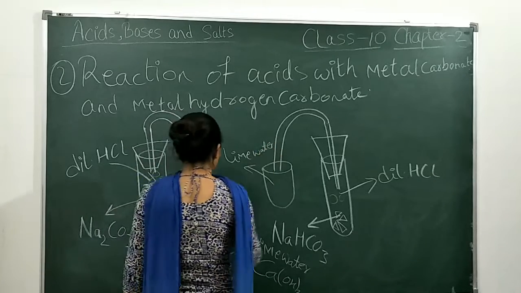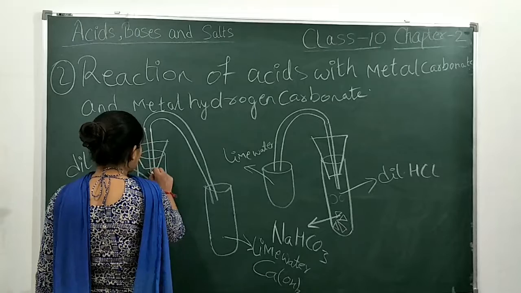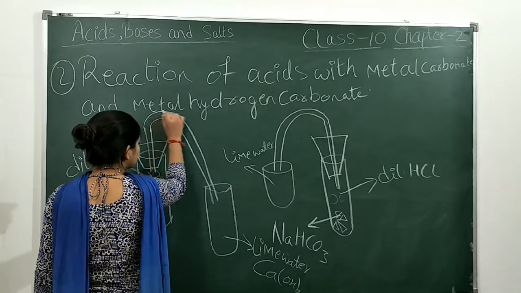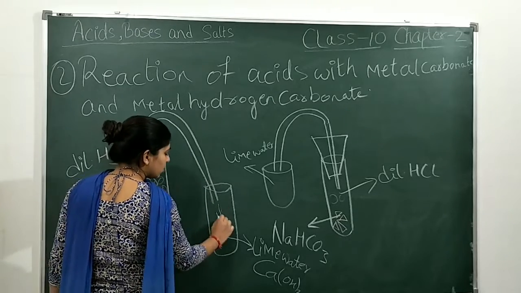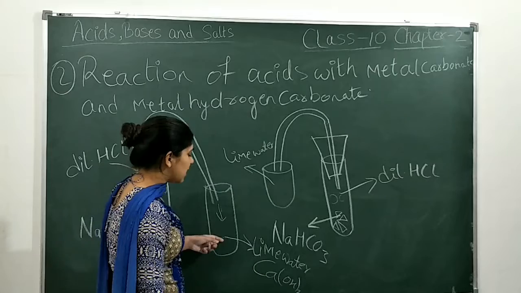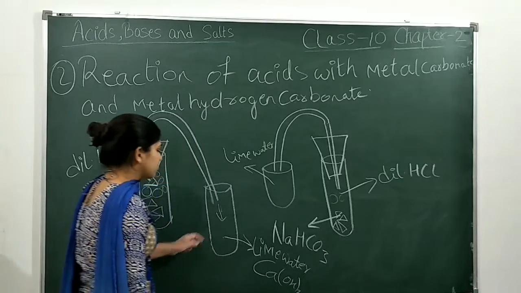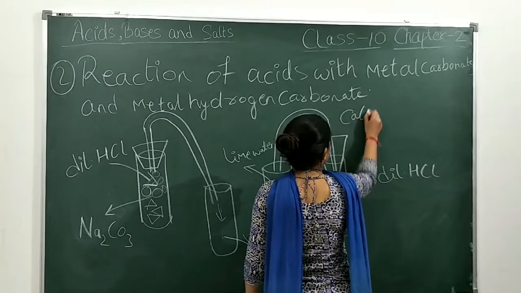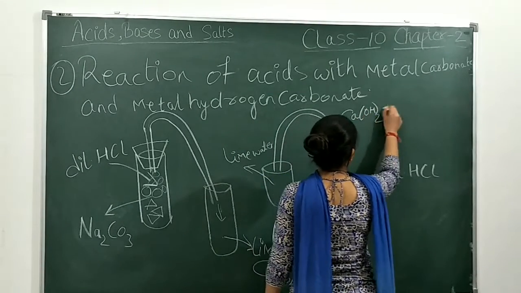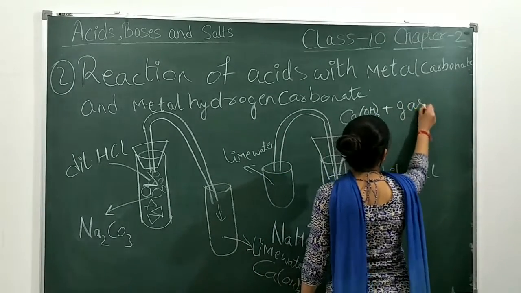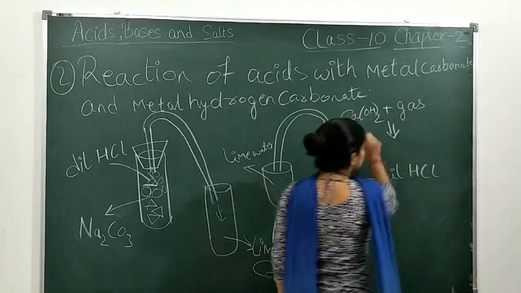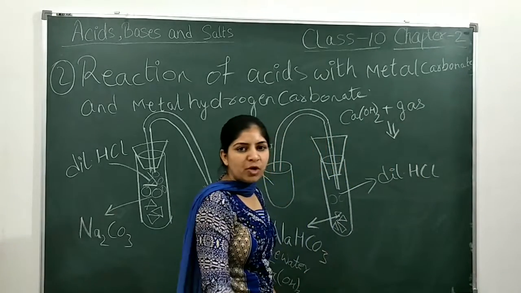So now what will happen when this gas moves towards the lime water and starts reacting with it? Let us see. Calcium hydroxide will react with that gas. Then do you know what will form?